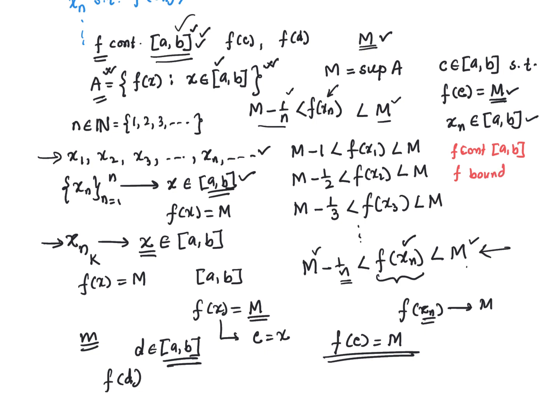And also, if x sub n is a sequence of bounded real numbers, then there is a subsequence x sub n sub k that converges. I used these two results to show that the conclusions of the extreme value theorem hold.